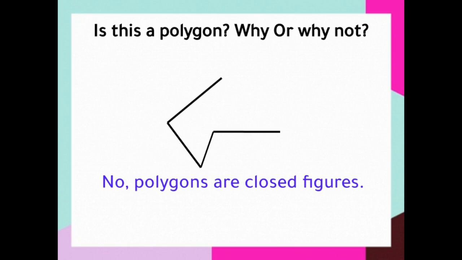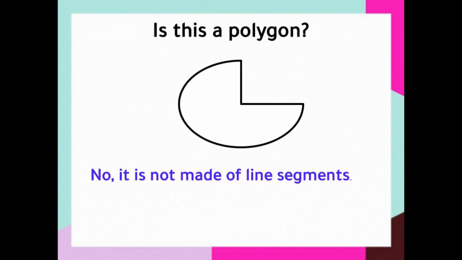So the answer is no. The given figure is not a polygon because a polygon is made up of only line segments and the condition is a closed figure. Is the given figure a polygon? No, because the figure has 2 line segments and one curved line. Therefore, this is not a polygon.